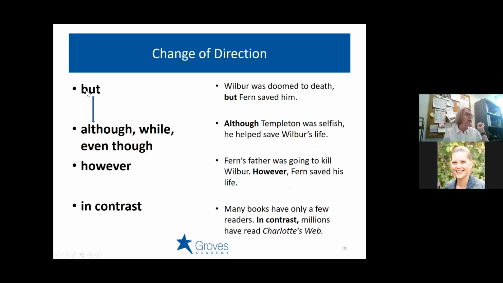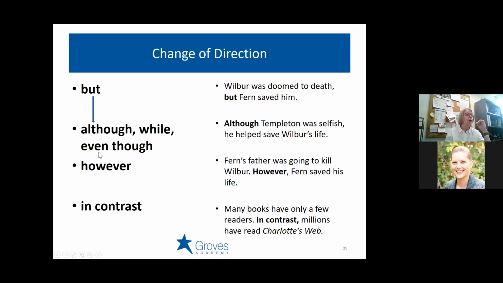So if we take but, okay, this is change of direction. This is from E.B. White's wonderful book, Charlotte's Web. Wilbur was doomed to death, but Fern saved him. So he was going to die, change of direction, but Fern saved him.